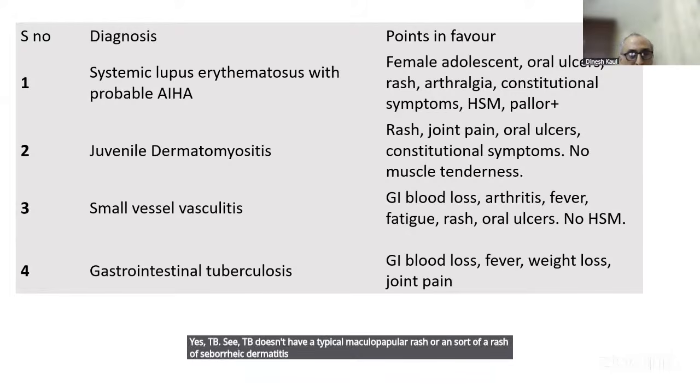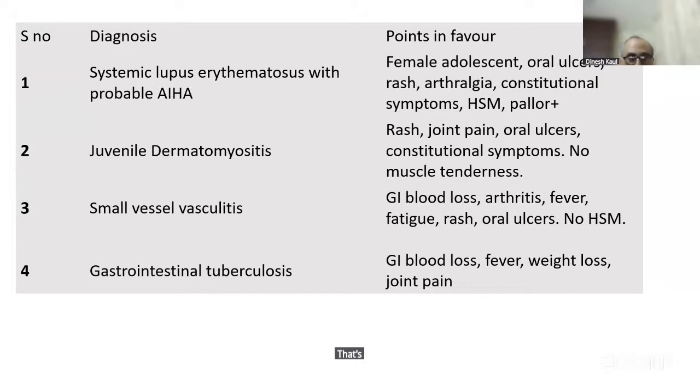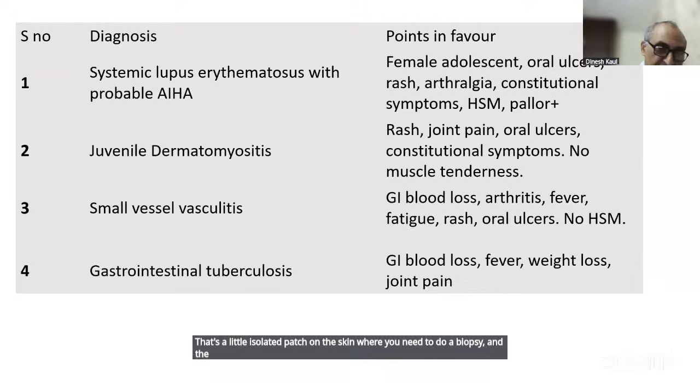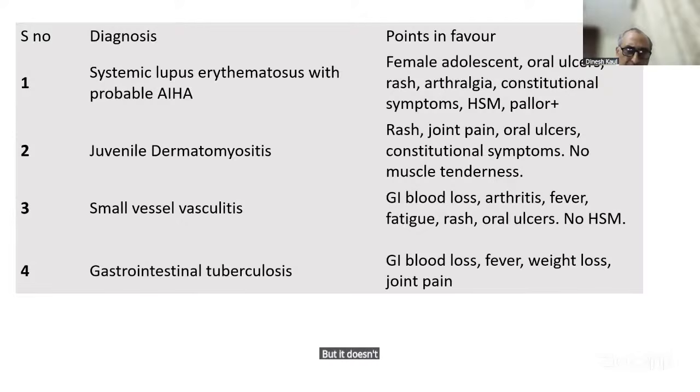You can get a lupus vulgaris of the skin in TB. That's a little isolated patch on the skin where you need to do a biopsy, and the biopsy will tell us that this is lupus vulgaris, but it doesn't give a very discrete rash.